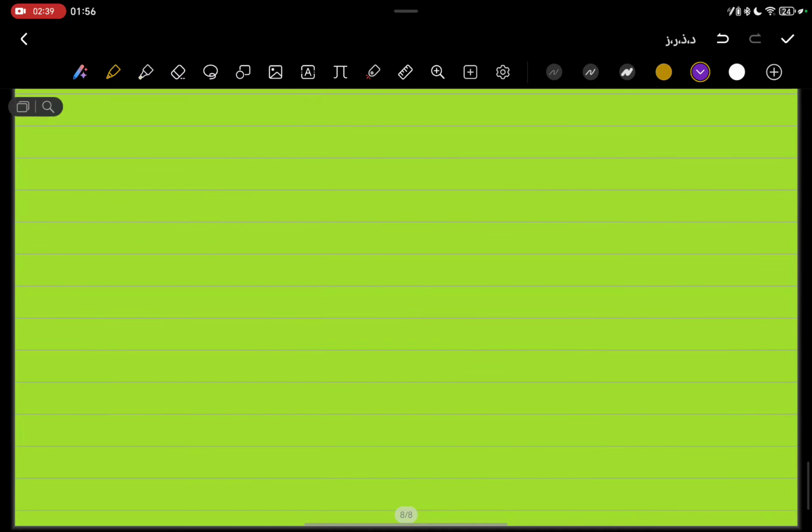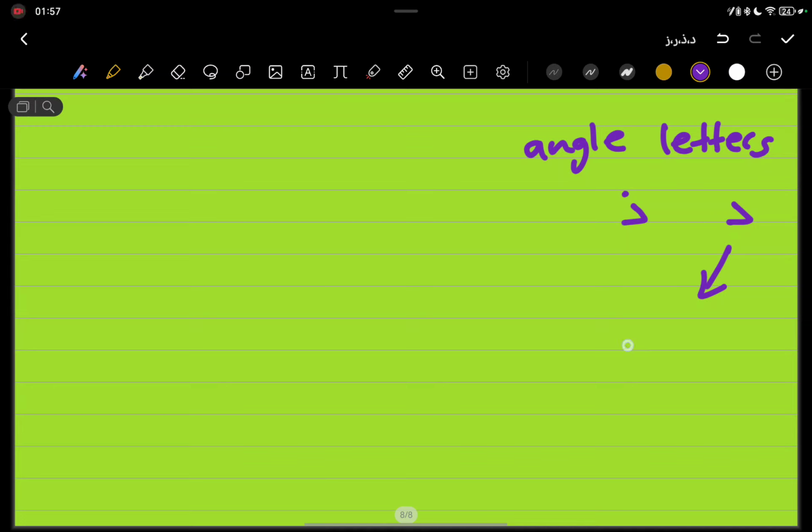Little revision. So we have angle letters because you basically draw them as if they were angles, like this. One of them has a dot and one of them doesn't, okay? The dotless one we call da because it's dotless.